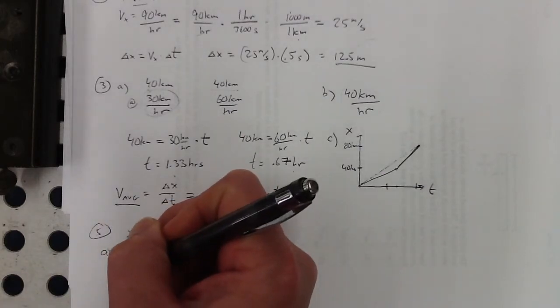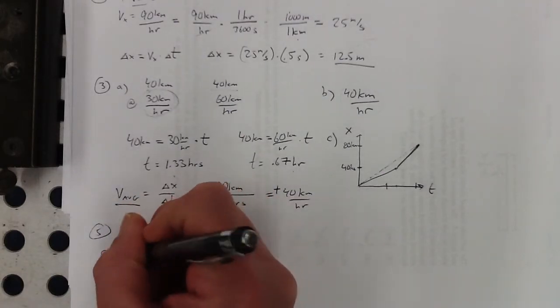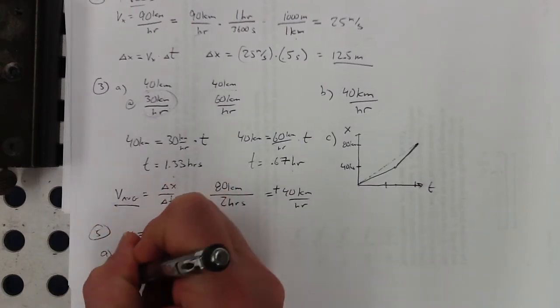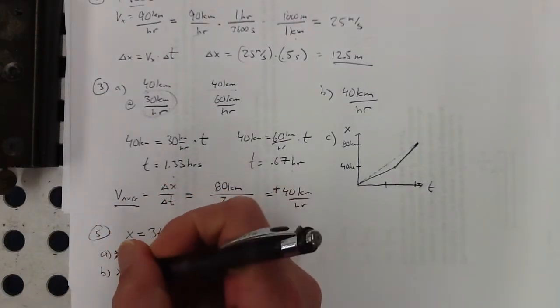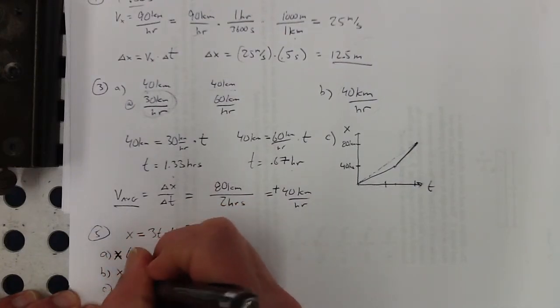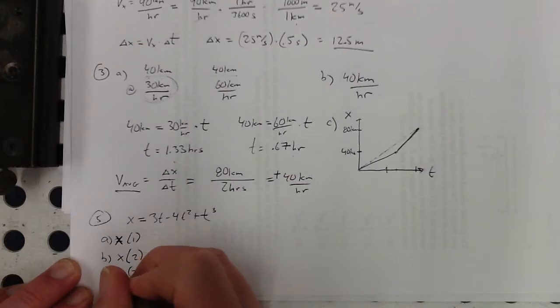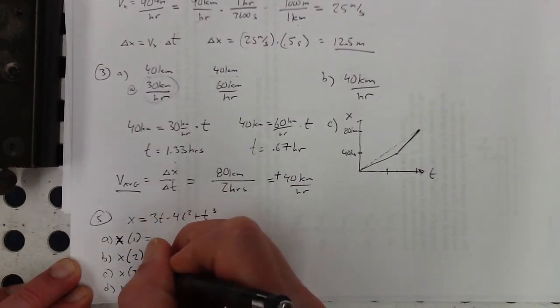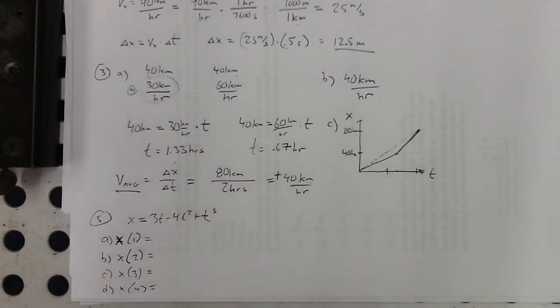So the position for A, they want at 1 second. B, they want at 2, 3, and 4. Physics is always calculator allowed.